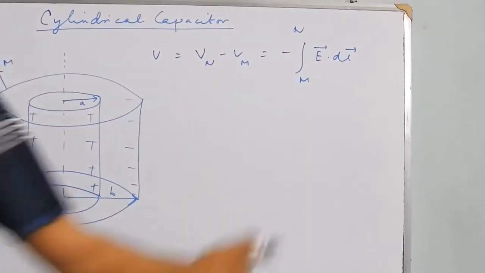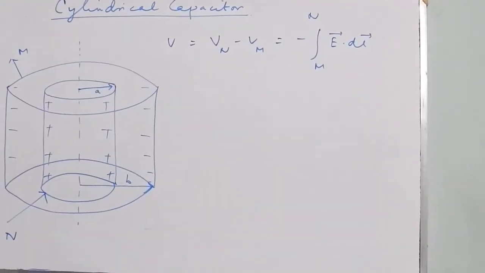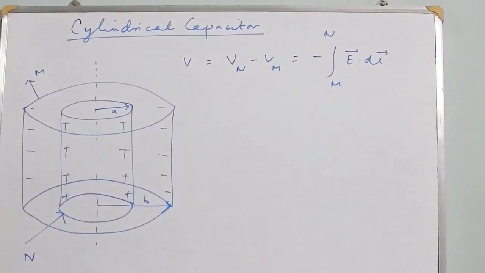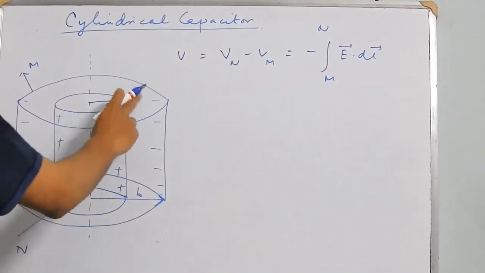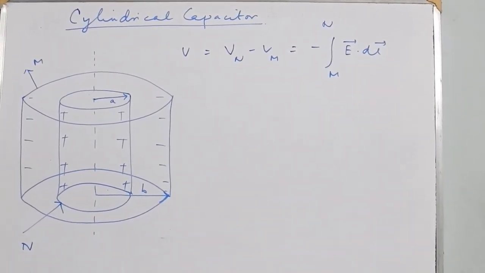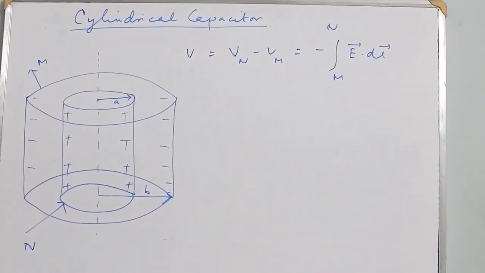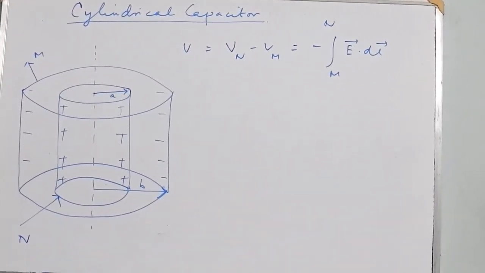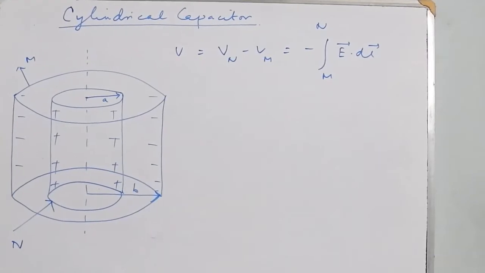In order to calculate E vector, we have to use Gauss theorem, and for that we have to consider a Gaussian surface in the shape of a cylindrical shell. Now the Gaussian surface is obviously a cylindrical shell because this represents a cylindrical symmetry situation of charge distribution.